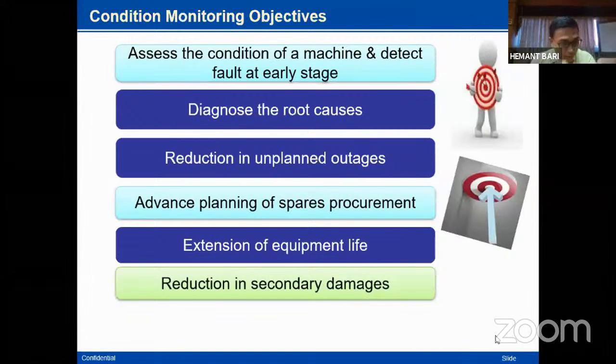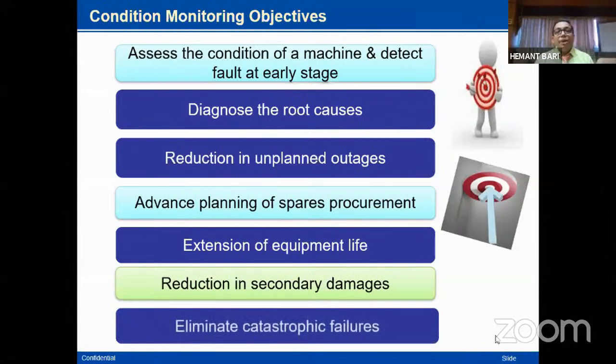Reduction in secondary damages. There will not be secondary damages, already explained, because if you detect the fault at an early stage, there will not be secondary damages. Eliminate the catastrophic failures. Catastrophic failures will be eliminated. What is the difference between damage and catastrophic failures?